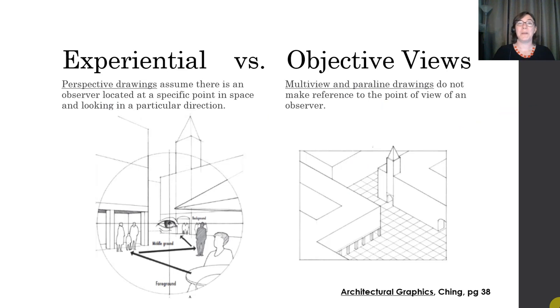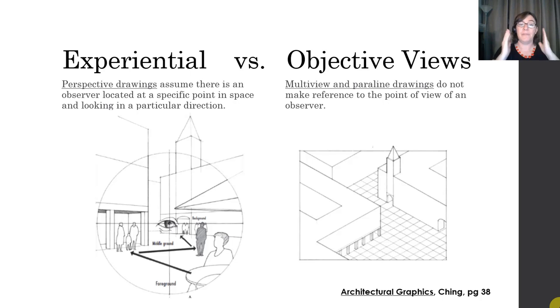Let's talk a little bit more about this difference between experiential and objective views. Perspective drawings assume there's an observer, someone's eye or camera eye located at a specific point in space and looking in a particular direction. Multi-view paraline drawings don't have any reference to the point of view of an observer. So you can see the difference in these two sketches of the same design.